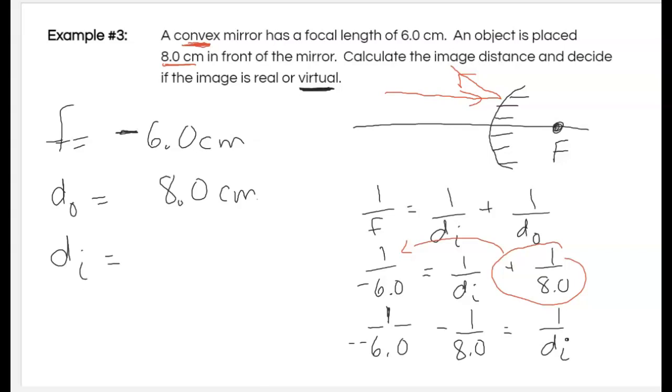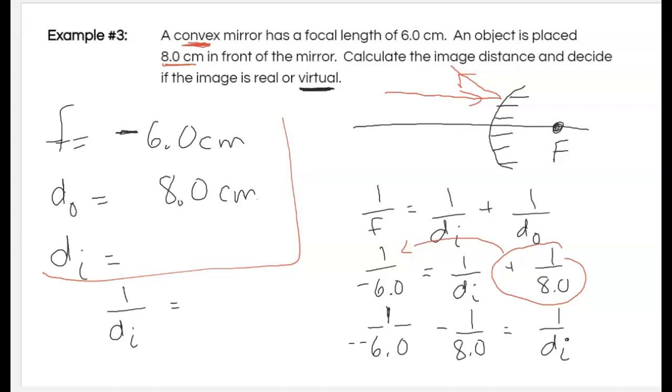I'm just going to cordon off some area here for me to write my solution. I'm going to simplify this, and I want you to do the same. What we're going to end up with is something that represents 1 over d_i, and then we'll get to d_i in a moment. So 1 divided by negative 6 minus 1 divided by 8.